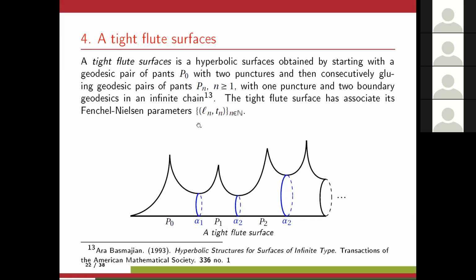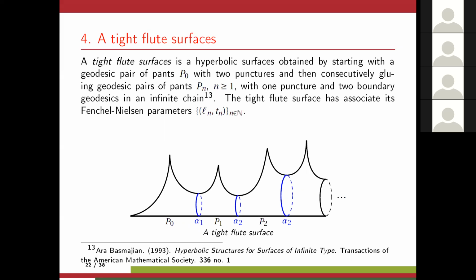Obviously, when you glue these geodesic pants, the type flat surface has associated Fenchel-Nielsen parameters. Using the type flat surface and the Fenchel-Nielsen parameters, we are ready to introduce a theorem to guarantee when a type flat surface is of parabolic type. But this type flat surface is a kind of special surface for our study.